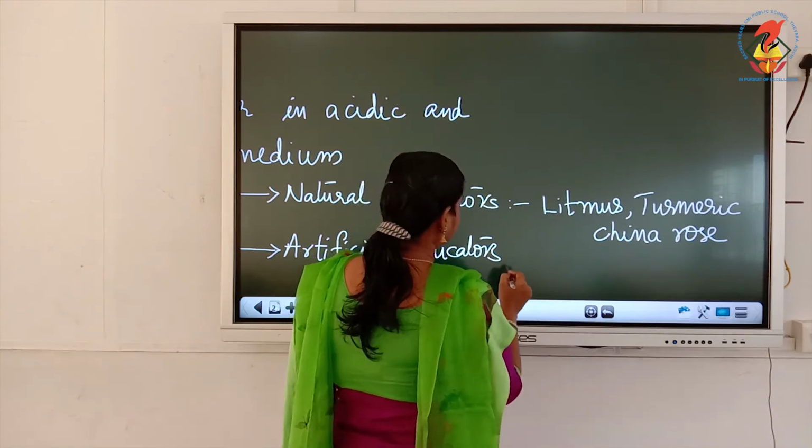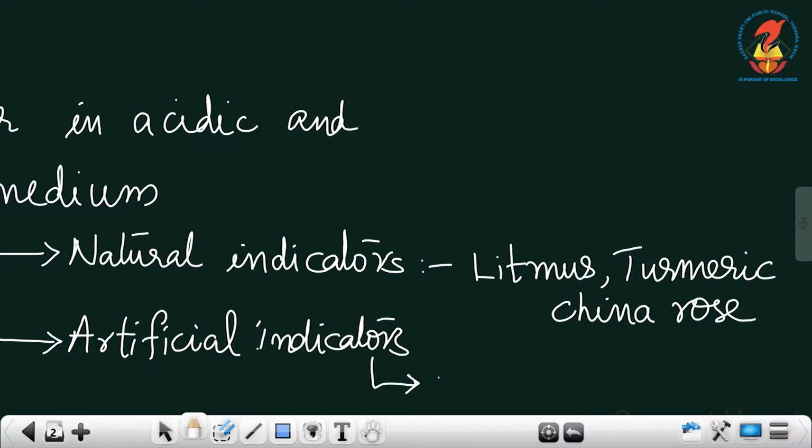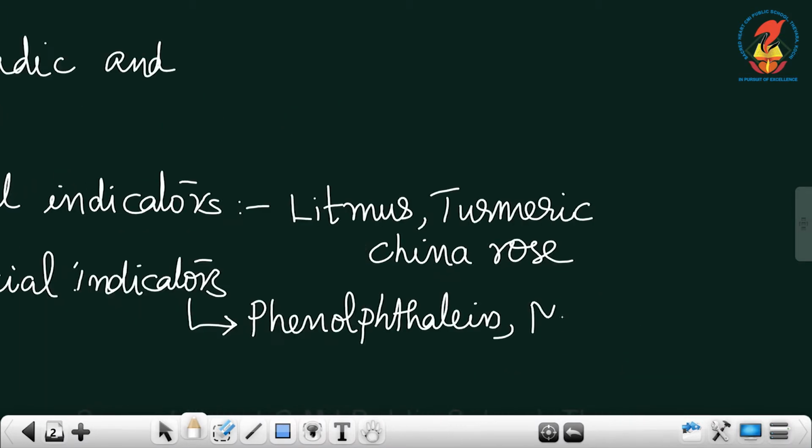Whereas artificial indicators, two indicators we are seeing, that is phenolphthalein and methyl orange. These are two artificial indicators.